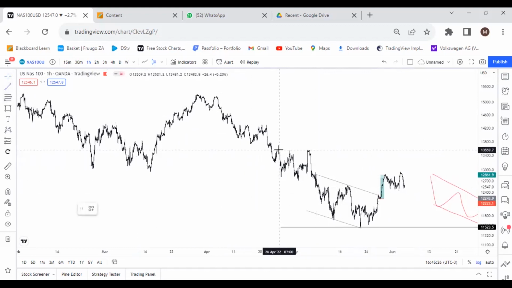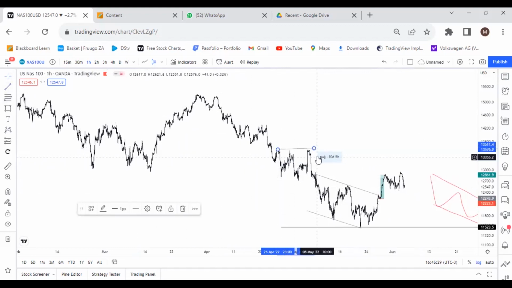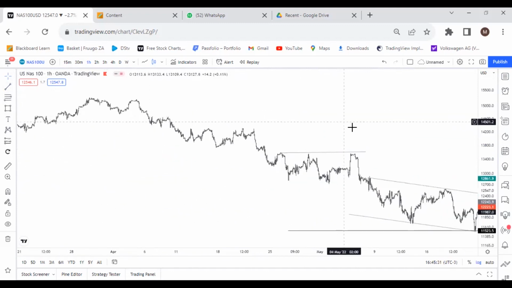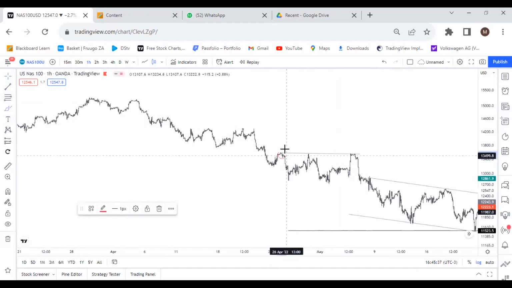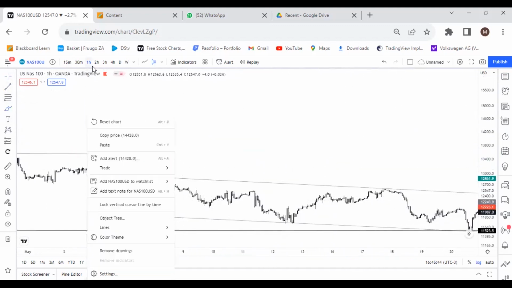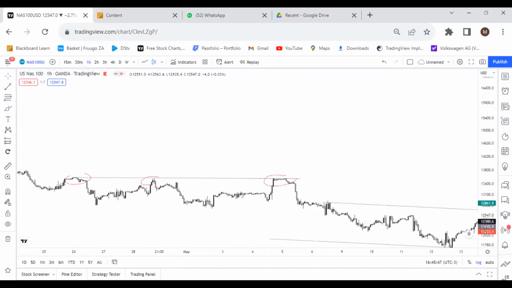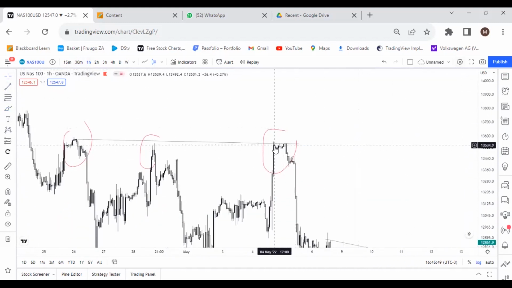Let me zoom in. As you can see here, we also had a nice 1, 2, 3, and the price got there correctively, it reversed with a huge impulse, giving us the small correction right there.